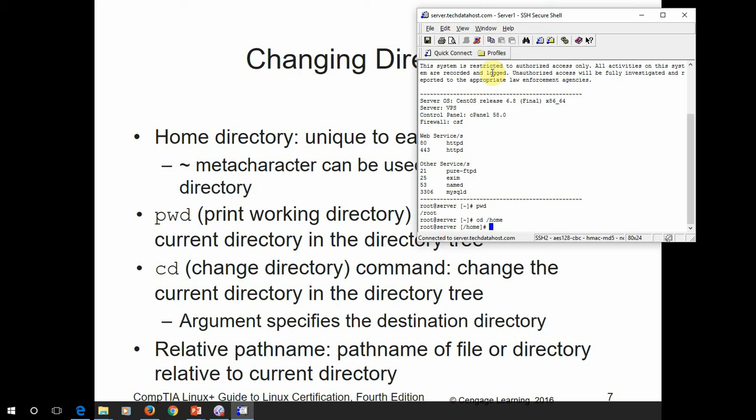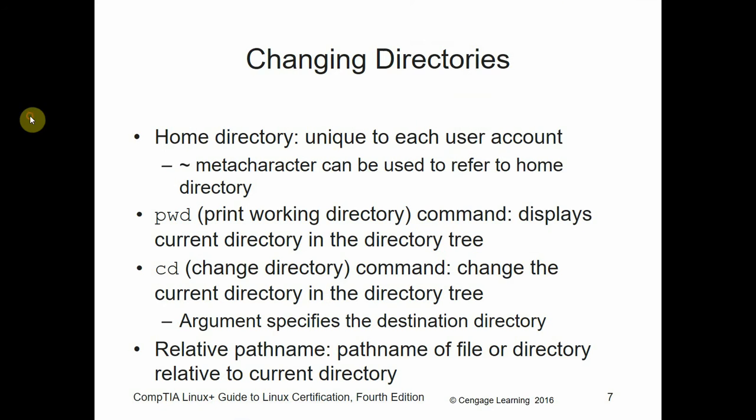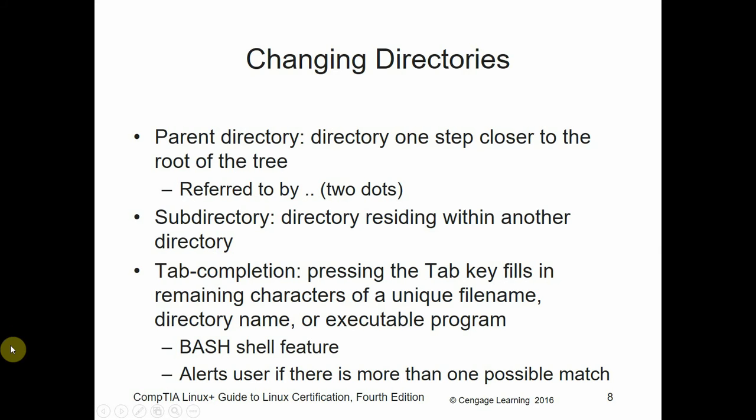Arguments specify the destination directory. Path name: the path name of a file or directory relative to the current directory. Parent directory: the directory one step closer to the root of the tree, referred to by two dots.